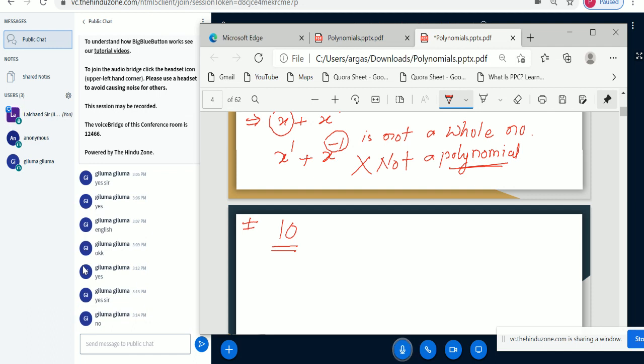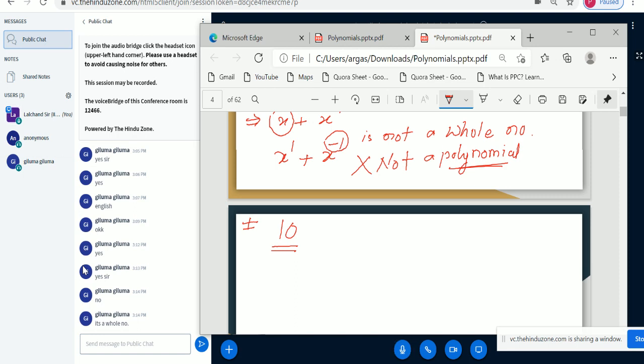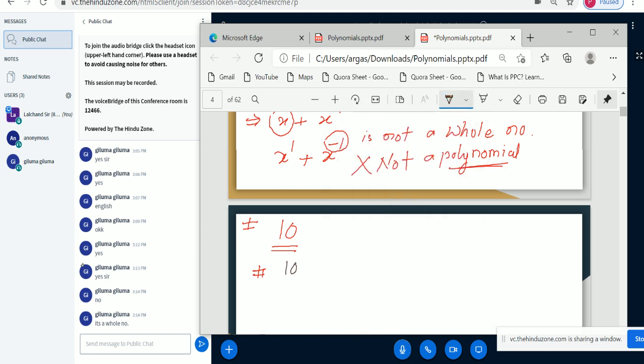What's the reason behind this? If I write this term as 10 into x to the power 0, now tell me, is the exponent a whole number or not? I can write like this or not?